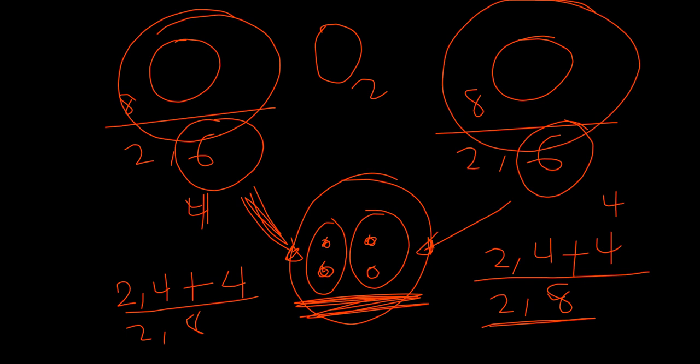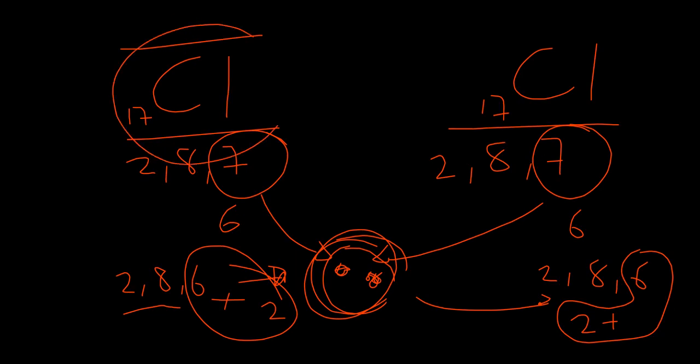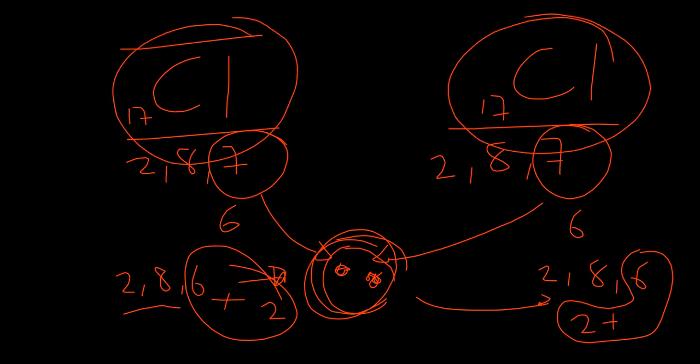Let's look at the other examples. Hydrogen is a non-metal, chlorine is a non-metal. They join together. Then final example, chlorine is a non-metal, and this chlorine is a non-metal. So one of the important things you need to take away is that covalent bonds are formed between non-metals.